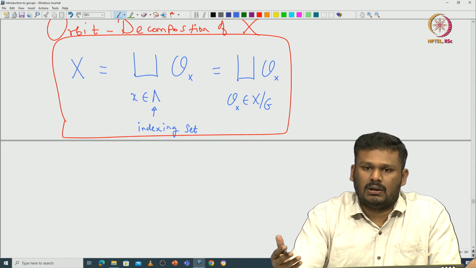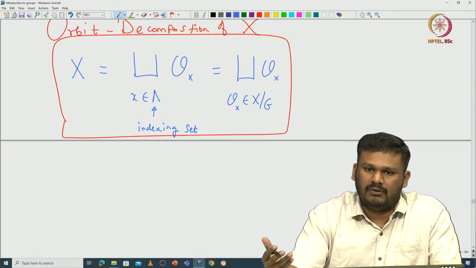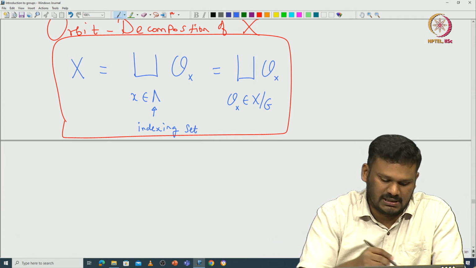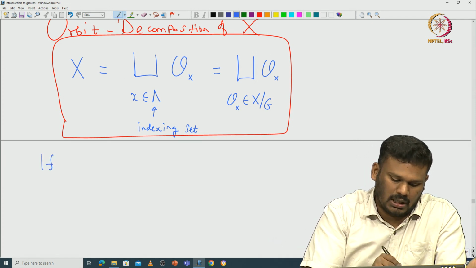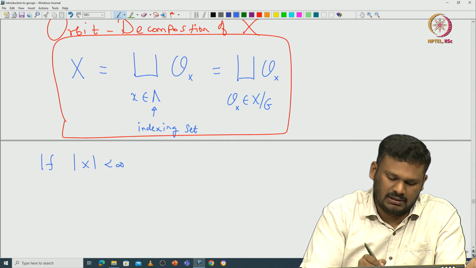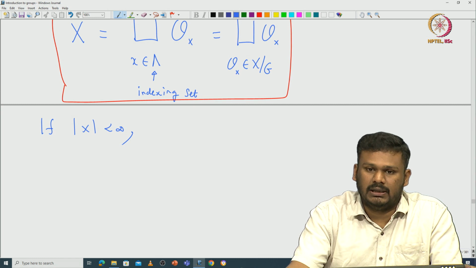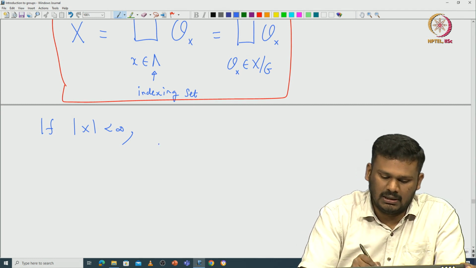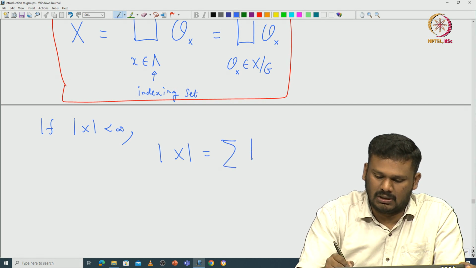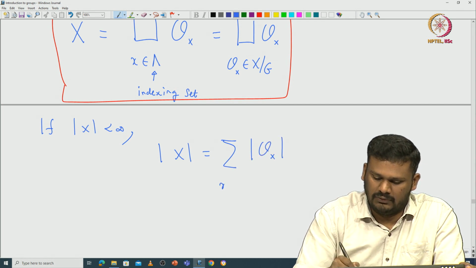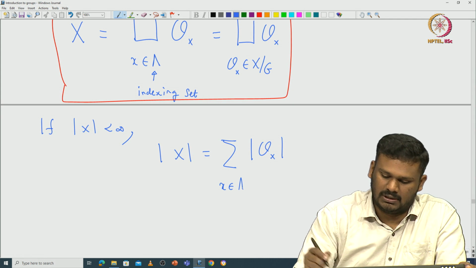But let us say you are interested in counting the number of elements in capital X. Let us say the cardinality of X is finite, that is, X is a finite set. Then what does this orbit decomposition say immediately? The cardinality of X is exactly the summation of the cardinality of the orbit O_x, where x runs over this capital Lambda.